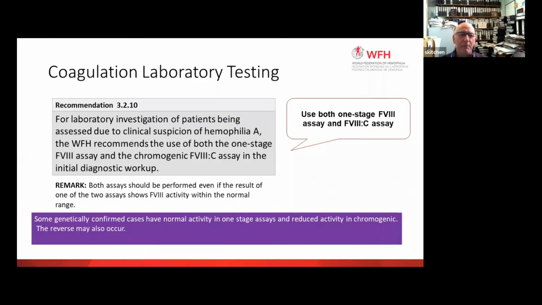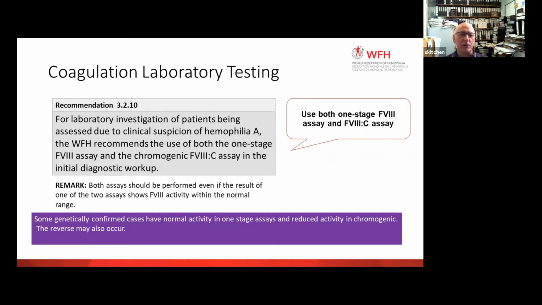It's important that haemophilia centers have access to both of these types of assay. This slide is a recommendation from the recently updated WFH, World Federation of Haemophilia, guidelines on management of haemophilia. I'll show you the full reference in a later slide. But this recommendation reminds us that if we wish to detect all cases of mild haemophilia A, we need to use both a one-stage and, in addition, a chromogenic assay.